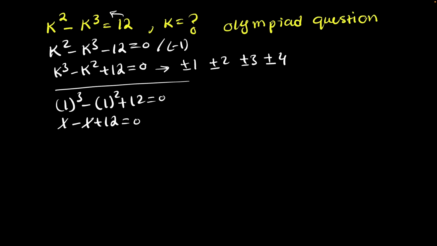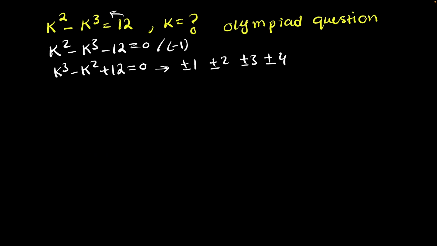We can cancel out the 1 minus 1, and 12 is not equal to 0. So this is not a root of our equation. So let's try another one. Try -1, and then +2, and -2. In this pattern you try until you find a root of this equation.